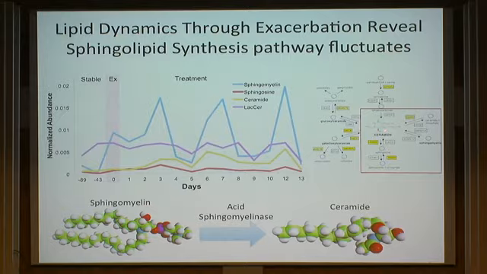Ceramide, the hub of this metabolic pathway, and gangliosides, which are non-bioactive, sugar-containing lipids for cell recognition, do not really fluctuate, which is the purple line. But ceramide and sphingomyelin appear to be going up and down. You can see that in the green here, likely indicating that it really is going on at the level of the conversion between these two molecules.